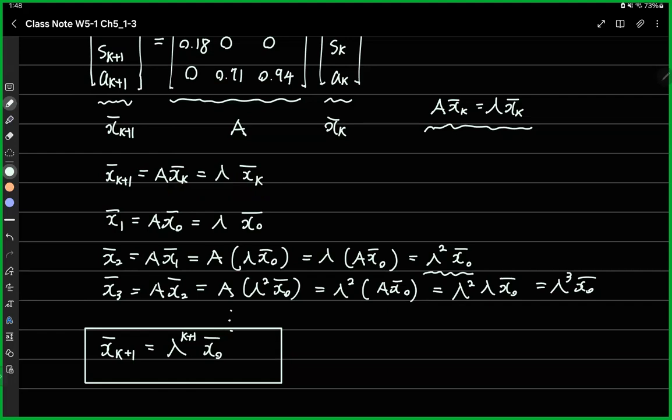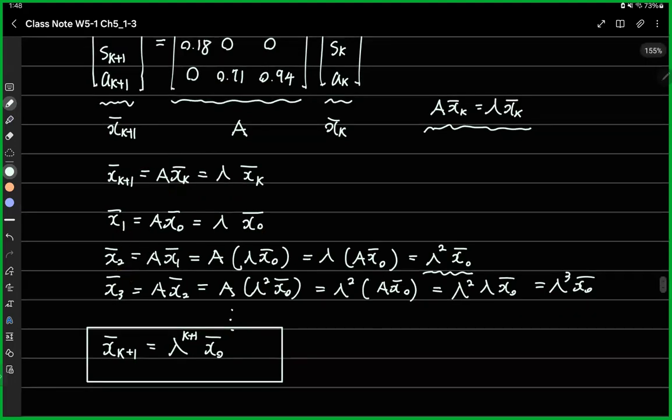Starting from k equals 1, we got this. Then k equals 2 is this. But we could express x1 bar as lambda times x0 bar. So replacing x1 with lambda times x0, then we got this. Okay, and so on. That's for 5.1.